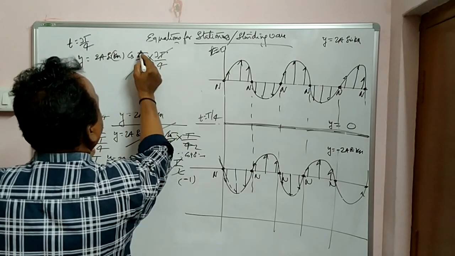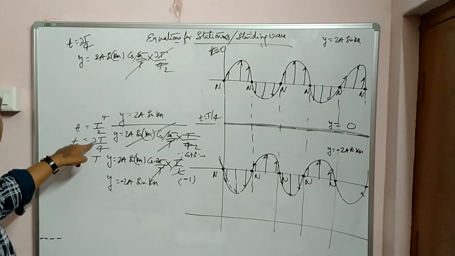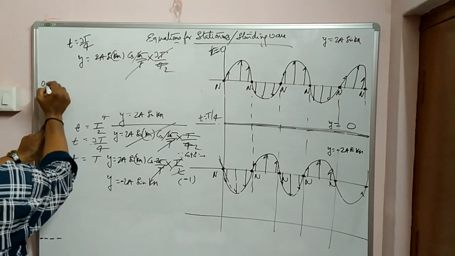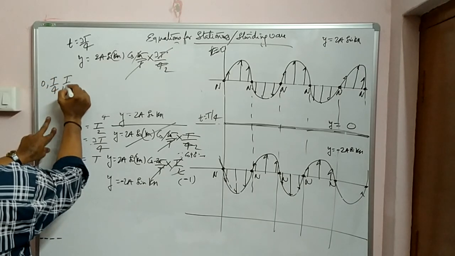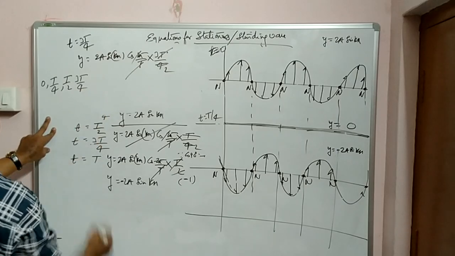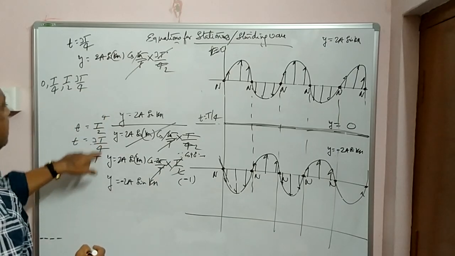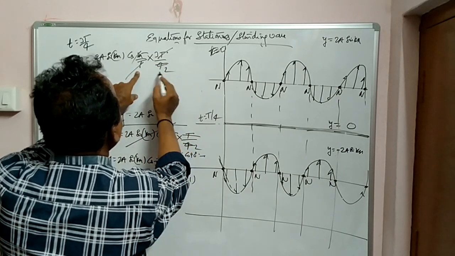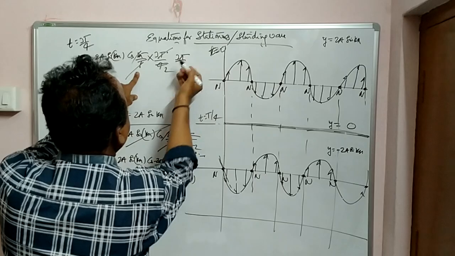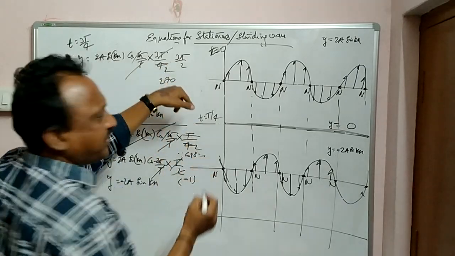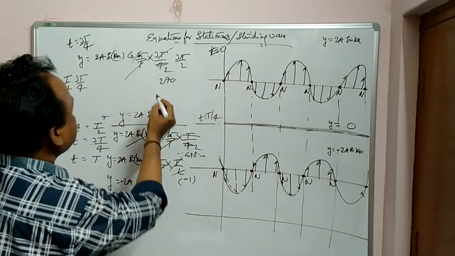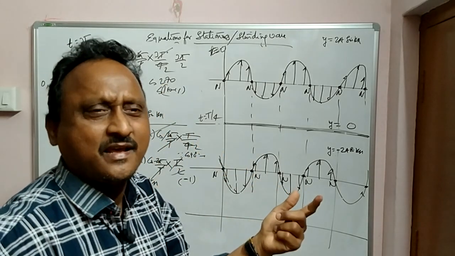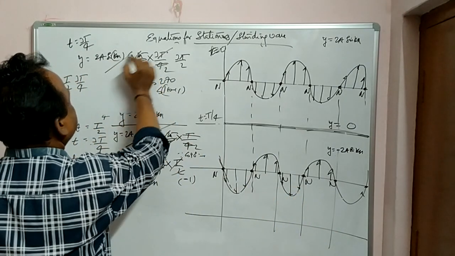T cancels, 2 by 2. First we did value 0, t by 4, t by 2, then 3t by 4. Next, finally t. So for 3t by 4, t cancels, 2 cancels, we get 3 pi by 2, that is 270. What is cos 270? Cos 180 plus 90, so cos 180 plus theta, again cos theta, cos 0, so this becomes entirely 0.